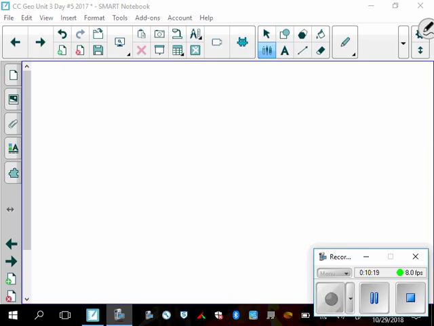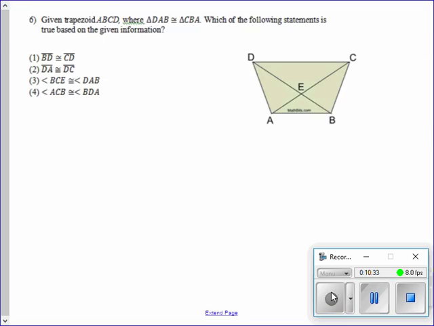So next, just to give you an idea of what a multiple choice question will look like on our test next Wednesday, try page 31, number 6. I'm glad this one gave a picture, all right?